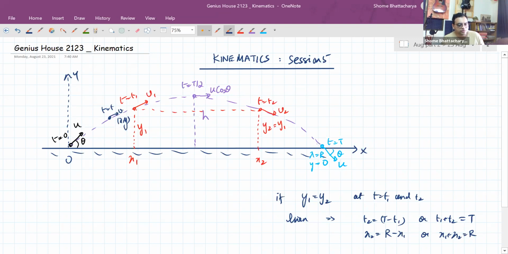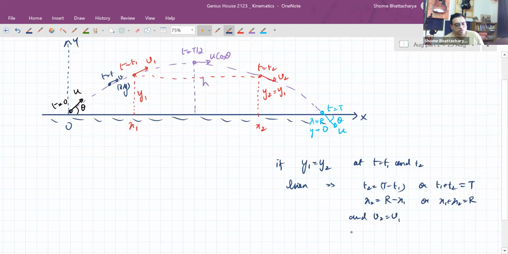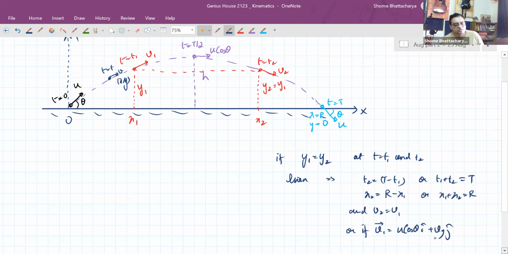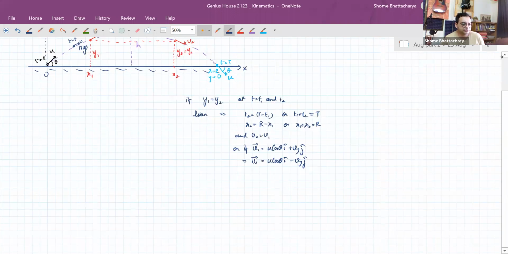And also one more thing over here, that v2 is equal to v1 in magnitude, or if v1 is equal to u cos theta as an x component plus some vy, then v2 will be u cos theta i cap minus that same amount of y projection, but along the negative axis.